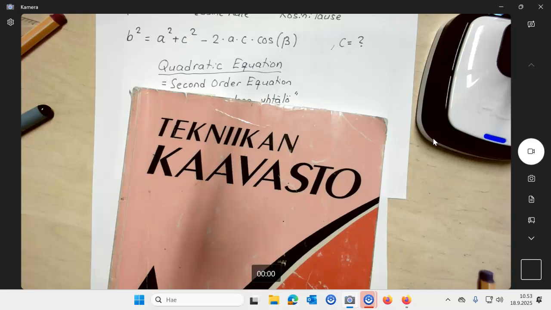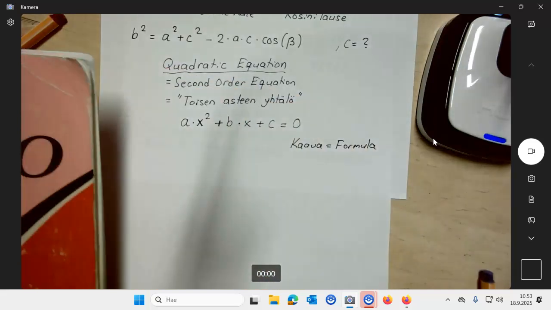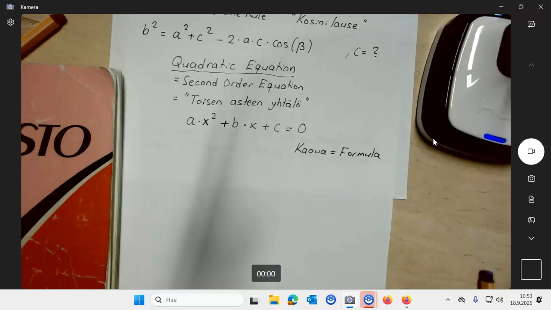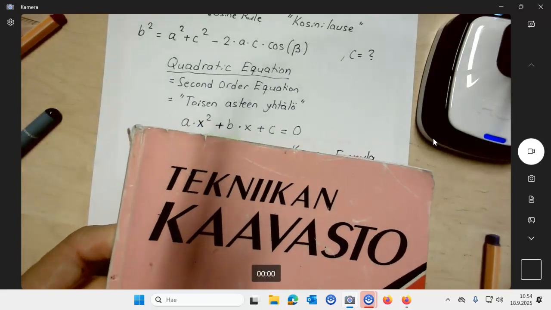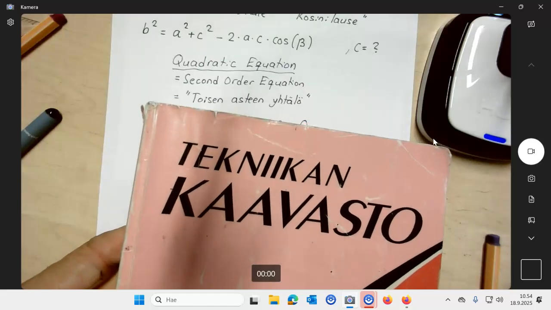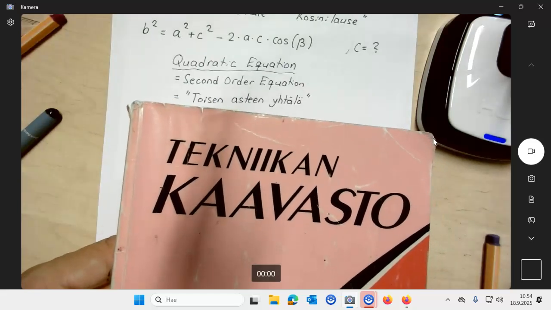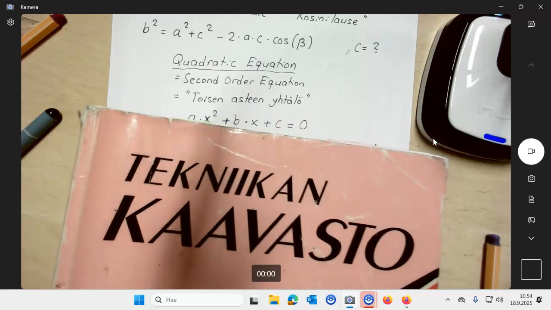Library is kirjasto. There are books in the building, so it is kirja. Kirja is book, and kirjasto is the place where there are books, library. Okay, this is a place for formula. Puisto, park. It is the place where there are trees. Puu is tree, and puisto is the place where there are trees. So this technique means technology. So this is a formula book for technology. Tekniikka.